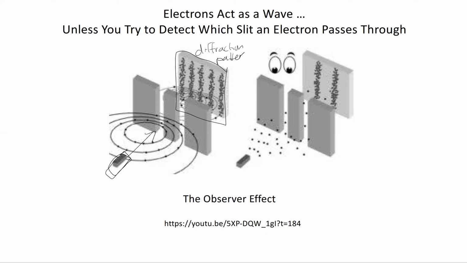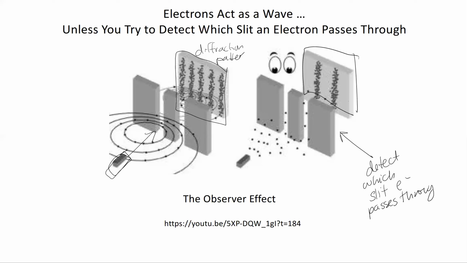If we design an experiment where we try to detect which slit an electron passes through, so we try to detect it before it hits the photographic paper, and we try to detect what is happening to an individual electron, we see the diffraction pattern disappears.